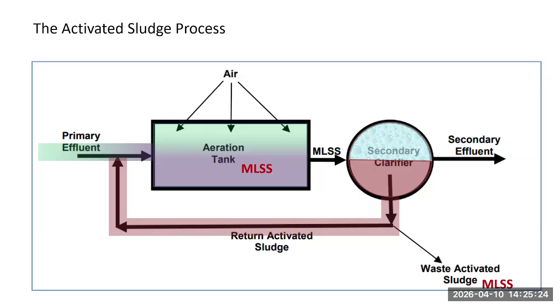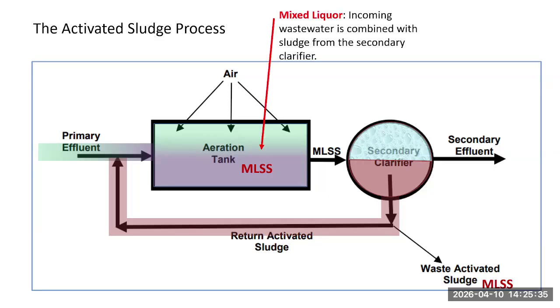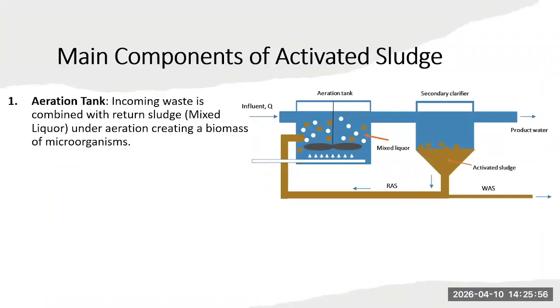That return activated sludge is added to the aeration tank to maintain a high, stable concentration of biomass that will consume the organics that are in the water. As I said, we combine that return activated sludge with the mixed liquor suspended solids and they go into the aeration tank and onto the secondary clarifier.